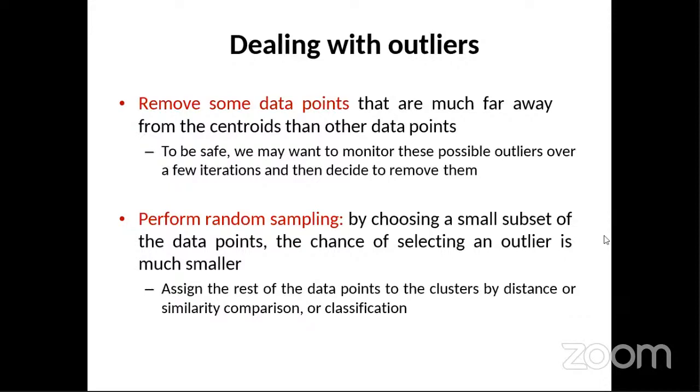And when the node participates, your algorithm, your model learning, your approach has to be changed, and the final prediction will definitely change as soon as new nodes enter your analysis. Then you do some random sampling, you can choose a small subset of data points, and if you select, the chance of selecting an outlier node will be very, very small.